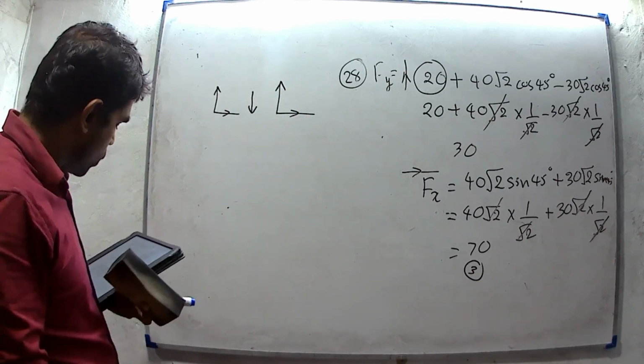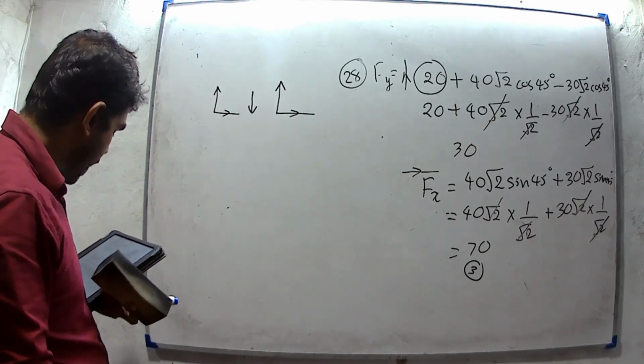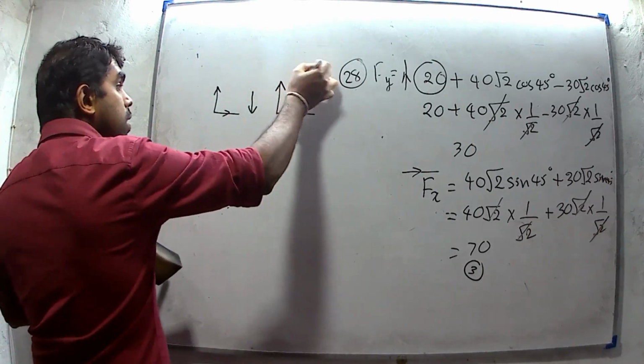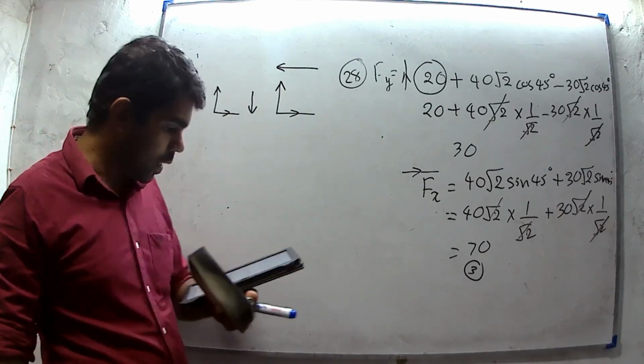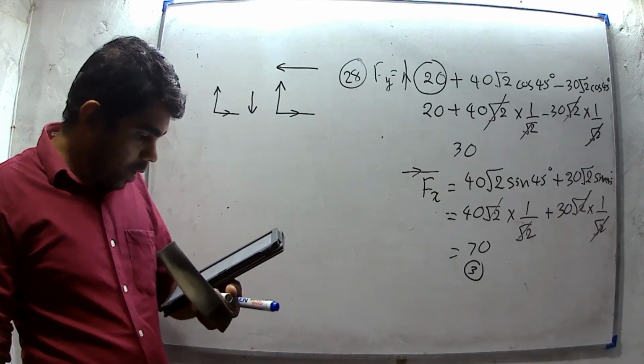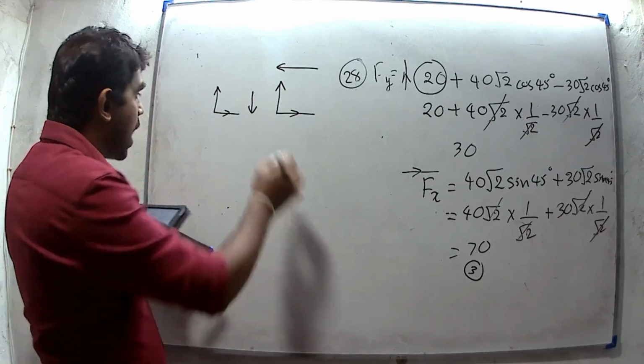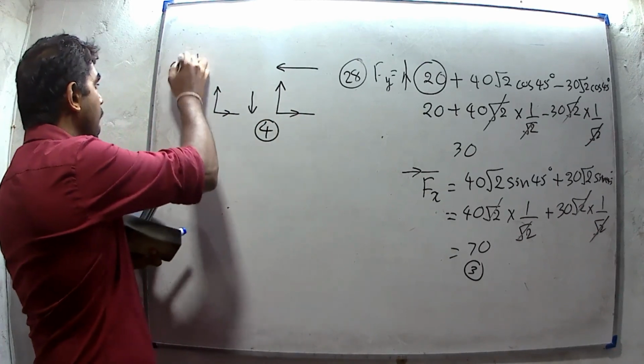There is a cord from neck, and therefore there is a force opposite to the movement. Then we can get the answer is 4 for the question number 29.